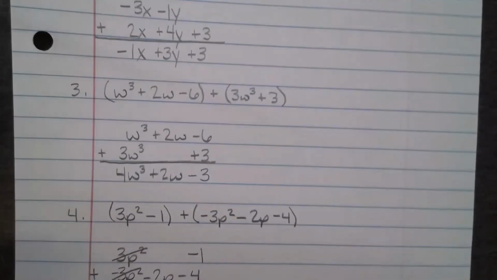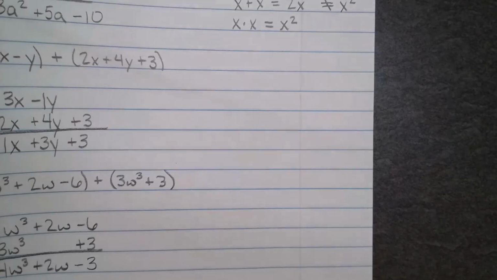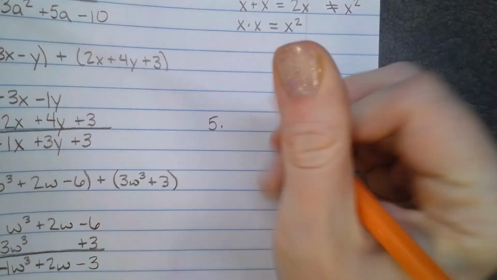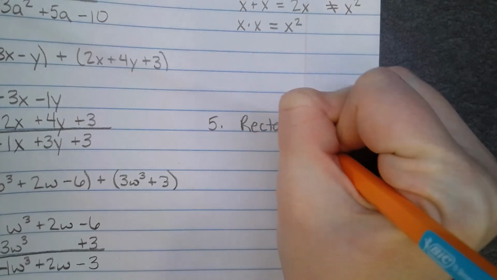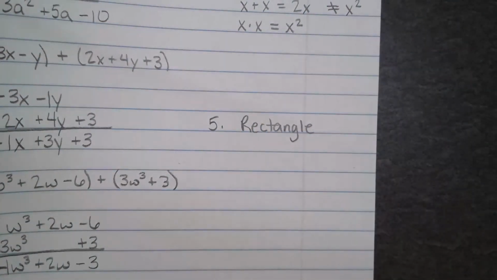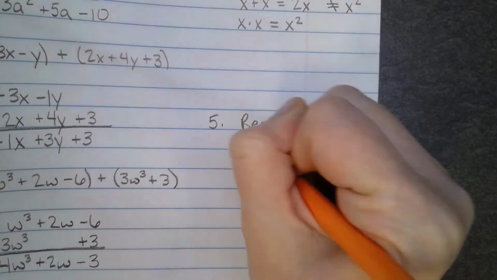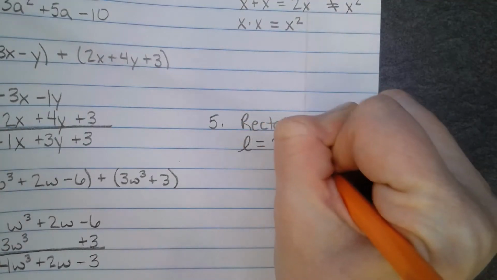Let's take a look at one final example. Now I'm going to set it over here in this next column since I have the space. So number 5. Let's say that we have a rectangle. You can actually draw a picture of a rectangle or just write out the word. For this rectangle, we're given that the length of one side of the rectangle is 2x plus 7.